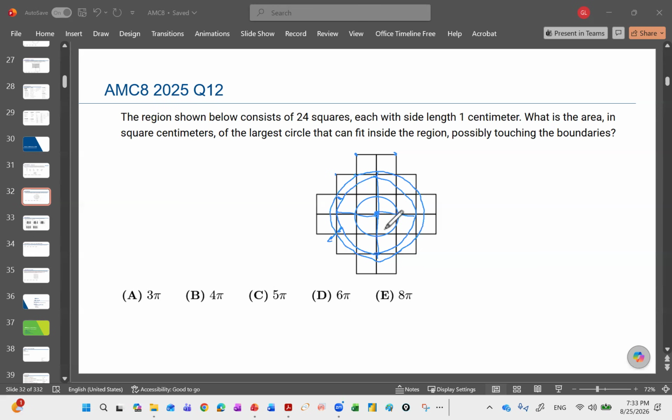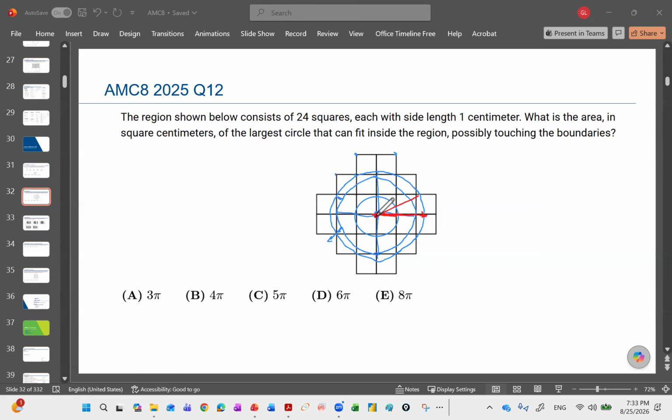This is somewhat geometry. This is the radius, and this is a radius, and this is a radius. Every distance from the center to the circle is the same, so we need to find this.